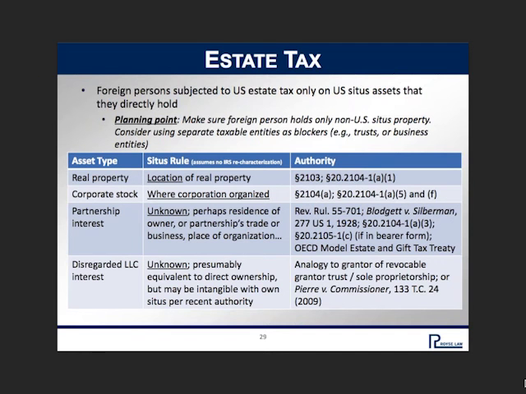Now, that brings us to partnership interests and LLC interests, disregarded entities, and so forth. The law here is, as I like to call it, an unfinished symphony. So what we really have here is some real unknowns in terms of partnership interests and disregarded entities.